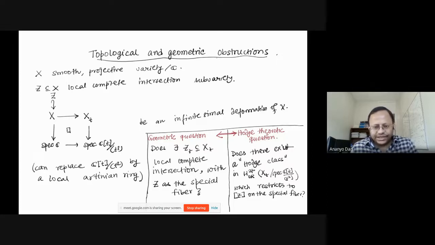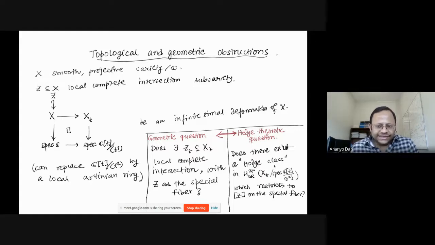Similarly, if you had an Artinian ring instead of the dual ring, you can also write it as the cohomology of X tensored with the local Artinian ring. That is a result saying that this de Rham cohomology looks like that in this specific case of local Artinian rings.